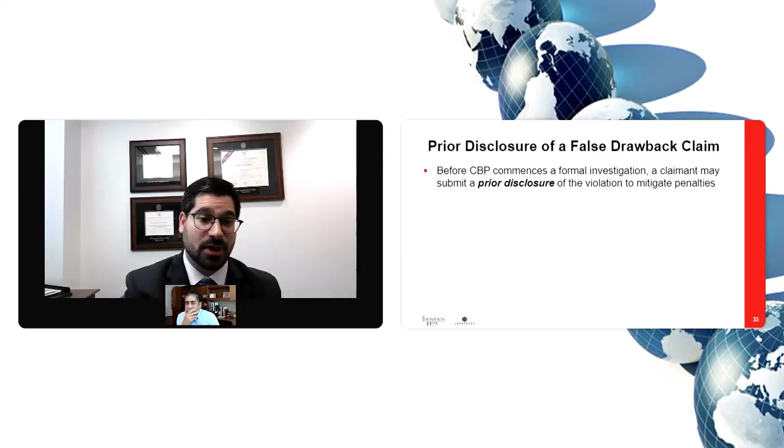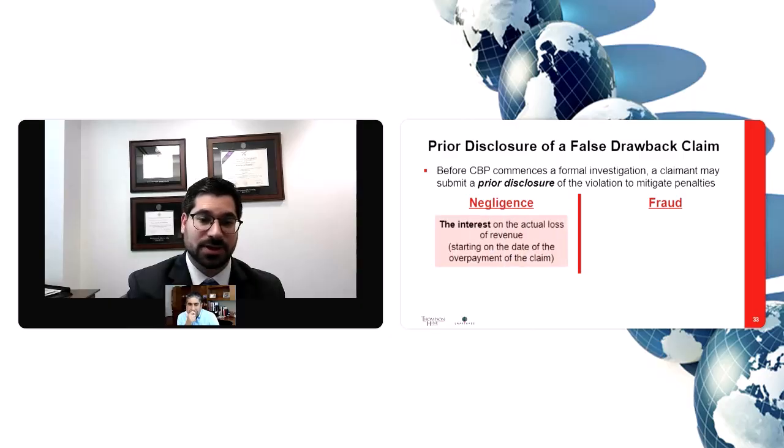And in doing so, your penalties can be mitigated depending on the level of culpability involved, the standard. So if it's negligence, then you'll still be penalized, but you'll only be penalized on the interest of the actual loss of revenue. Whereas if it's fraud, then it would be 100% of the actual or potential loss of revenue.